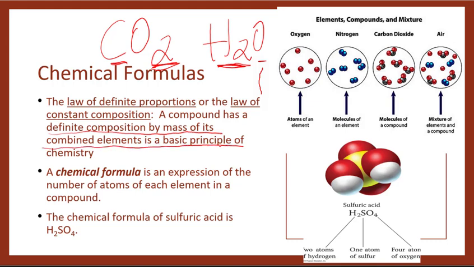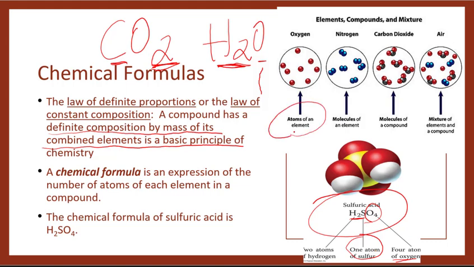That is a basic principle of chemistry. And we can look at a chemical formula, and it is an expression of the number of atoms of each element in a compound. So if we were to look at sulfuric acid right here, we can see here that we have 2 atoms of hydrogen combined with 1 atom of sulfur and 4 atoms of oxygen.